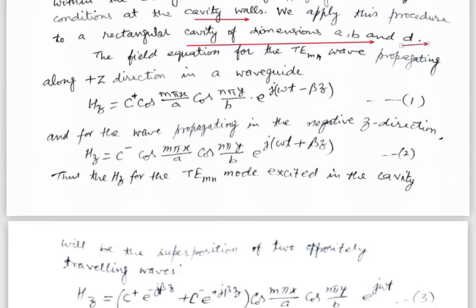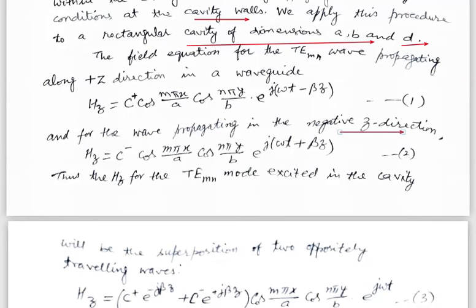C plus cos m pi x over a cos n pi y over b e raised to the power j omega t minus beta z. Similarly, for the wave propagating along the minus z direction, the field equation is shown in equation number 2.